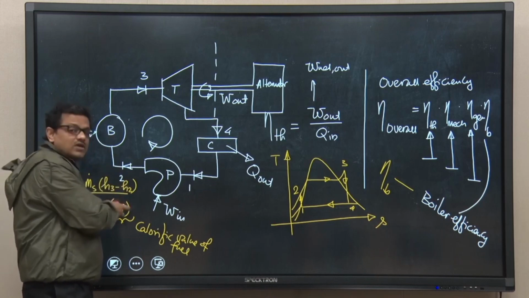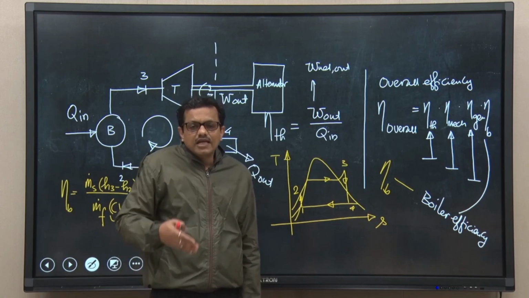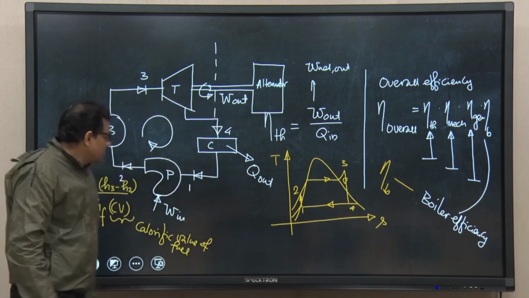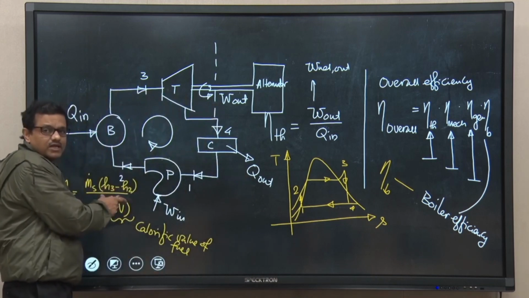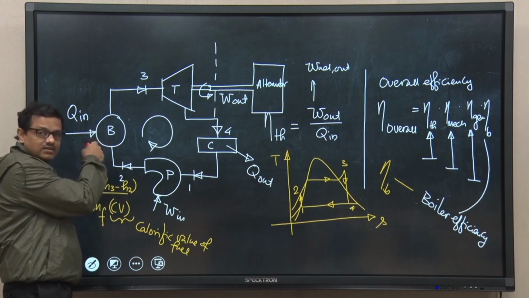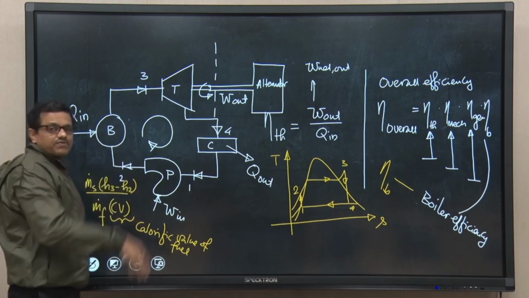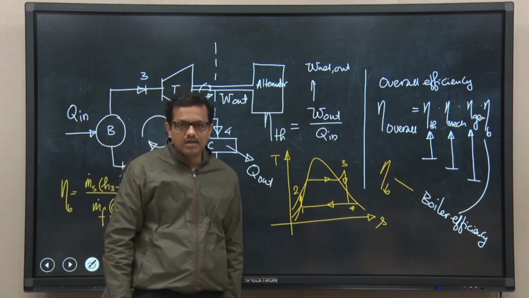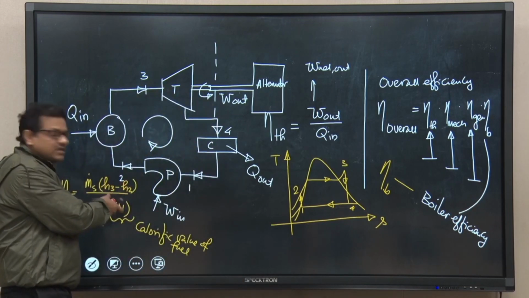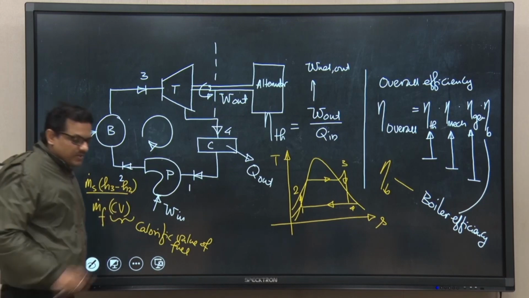But never are these two quantities equal, otherwise it would violate the second law of thermodynamics, because the process is highly irreversible, there is heat transfer due to finite temperature difference, and also some amount of heat losses or heat leakage inside the boiler. So, the value of eta B will always be less than 1. This is what is known as boiler efficiency.